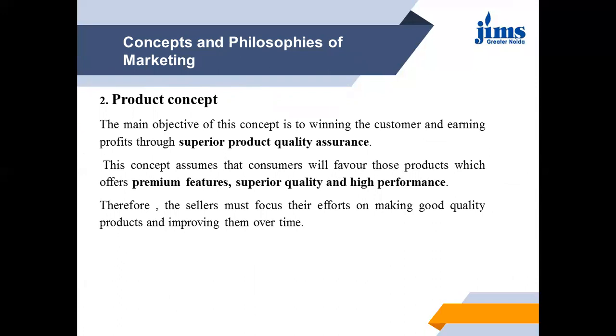That means the logic behind this concept is that a company can win the customers and can earn profits if it sells superior quality products, or if the company gives superior product quality assurance to the customers. Superior quality, of course, in terms of premium features and high performance. Therefore, the focus must be on making good quality products and improving them over time.